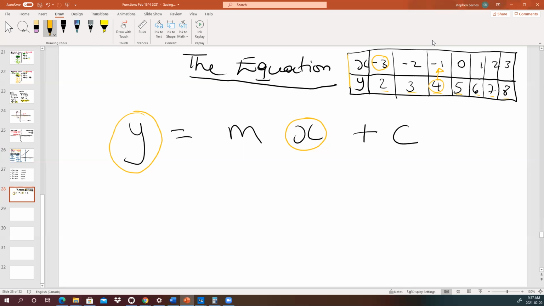Because remember, each of these pairs represents a point. So if you use +4, for example, for your y value, you're using the y value of one point. And then if you use -3 for your x value, you'll be using the x value of a different point, which will not work out. So you have to use the coordinate pair when you're working out this formula, right? So you use the corresponding y and x values together. Clear so far?